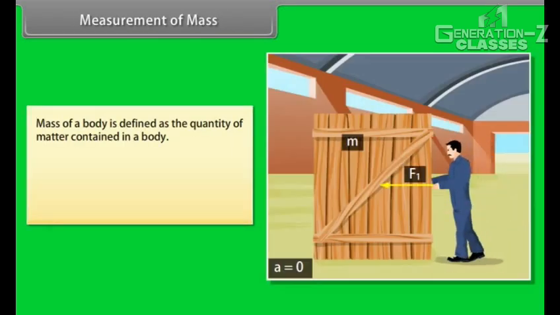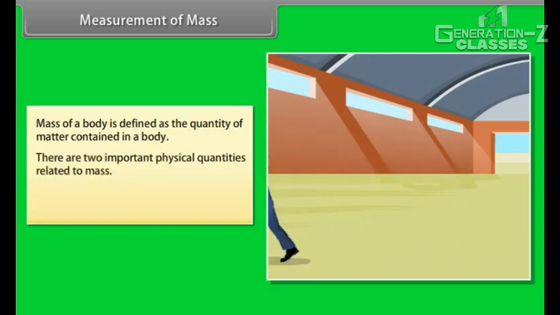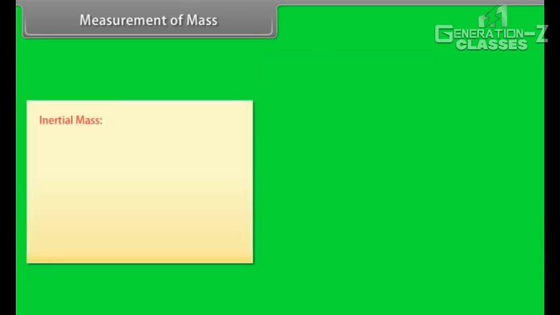Measurement of mass. Mass of a body is defined as the quantity of matter contained in a body. There are 2 important physical quantities related to mass of a body. These quantities are inertial mass and gravitational mass. Inertial mass.